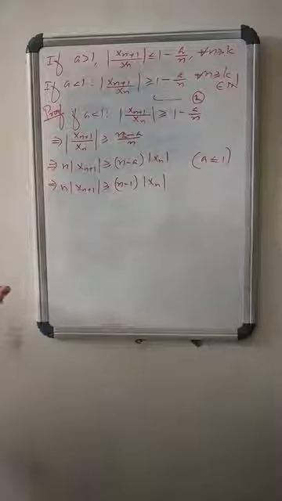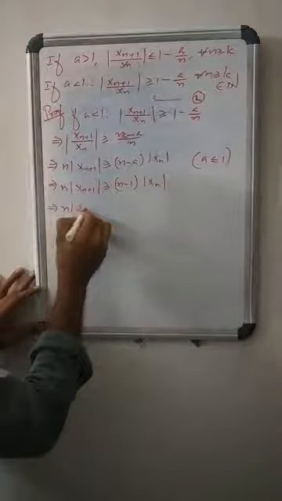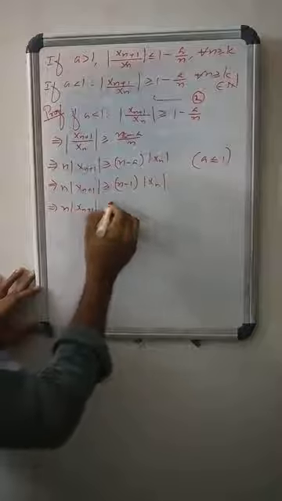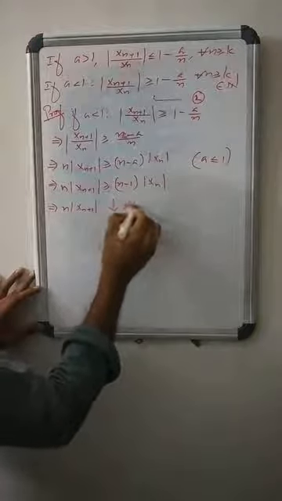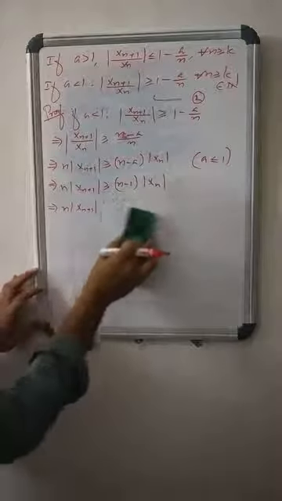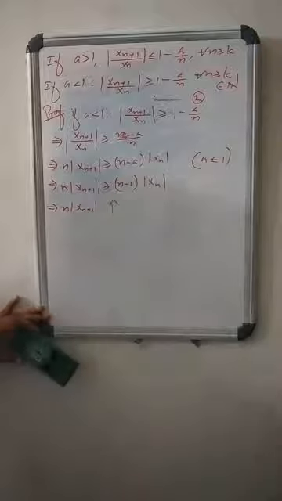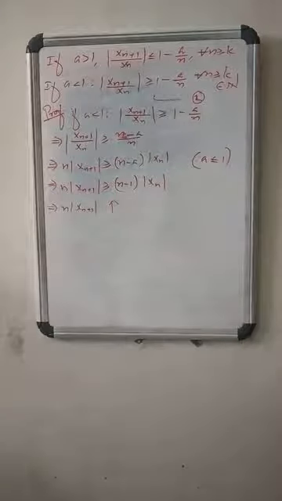So what's your conclusion? Clearly this means n into modulus of xn+1 is not a decreasing sequence. It is n into xn+1 greater than or equal to (n minus 1) xn, so it is an increasing sequence.